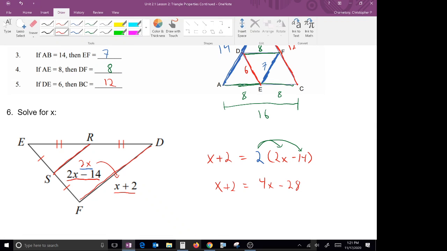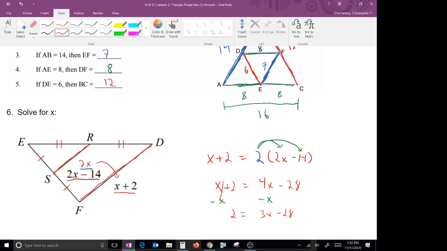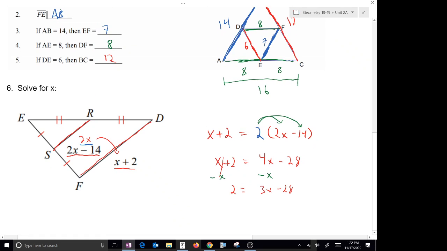I'm going to subtract my x here. So that gives me 2 equal to 3x minus 28. Can add 28 to both sides.